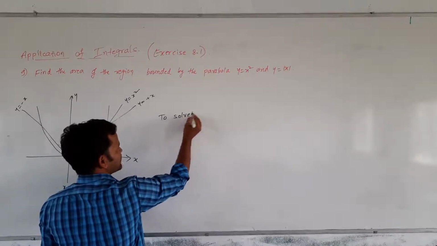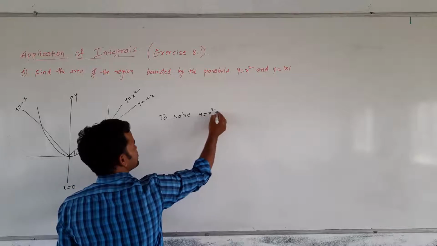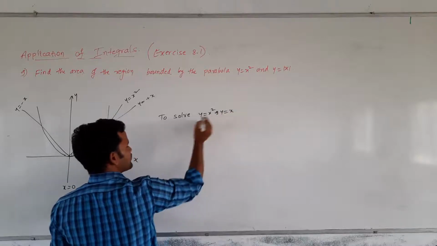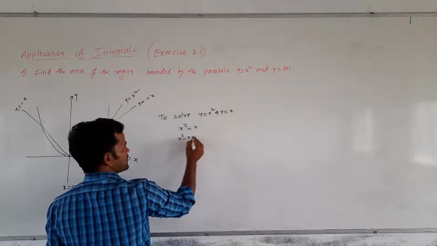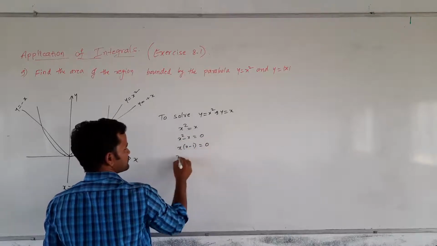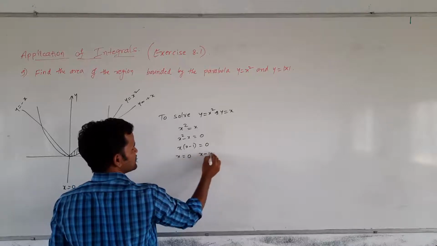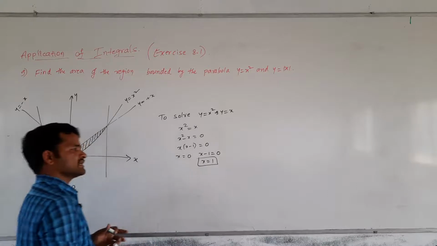To solve means to find the point of intersection. x square is equal to x, x square minus x is equal to 0, x into x minus 1 is equal to 0. One is x is equal to 0, another is x minus 1 is equal to 0, this is x is equal to 1, right.